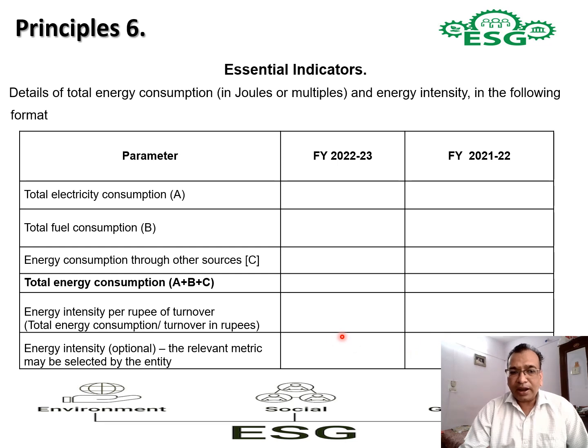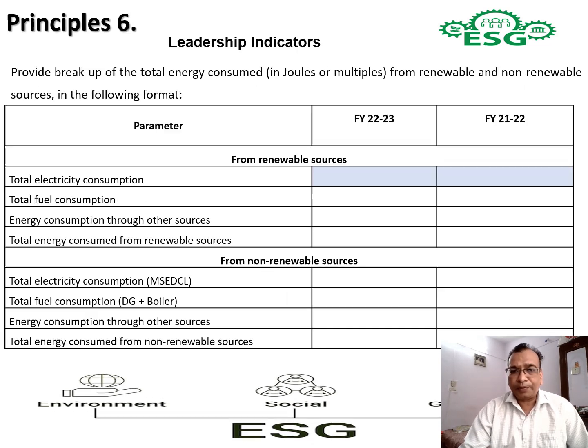Then you will get the energy intensity. If apart from this you want to use other metrics, you can use energy intensity per kg of the product also. So this is regarding the first essential indicator of total energy consumption as per the BRSR format.